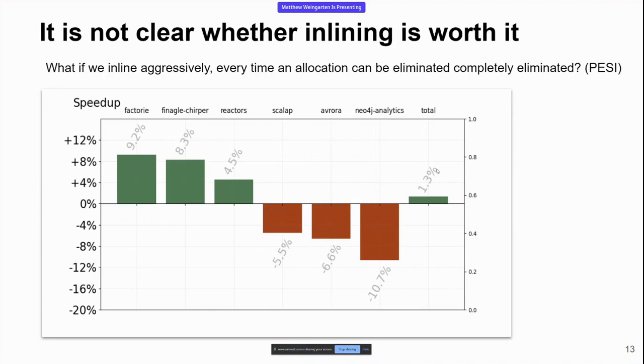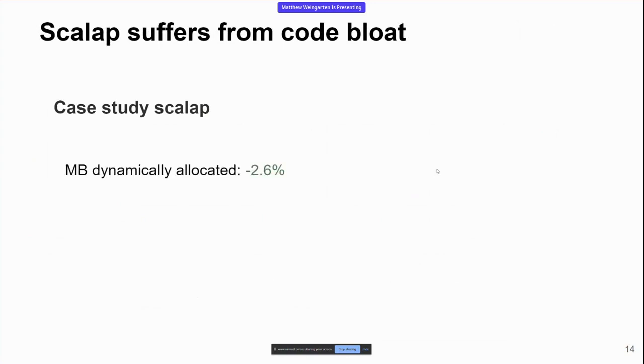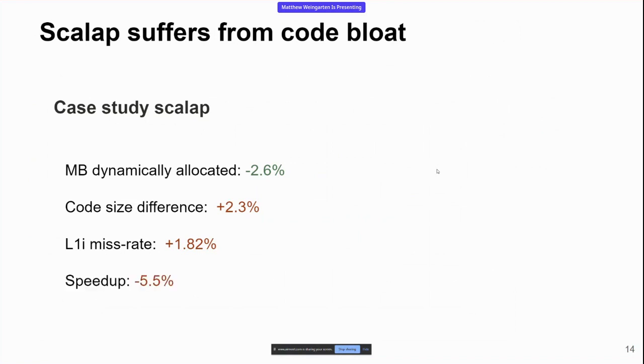For example, Scalap. If we break down the numbers, we see that the analysis phase works. We reduce the number of runtime allocations, but we have a larger code size, which leads to larger instruction cache miss rates, and which is all part of the reason that Scalap is now slower than it was before we performed this inlining.